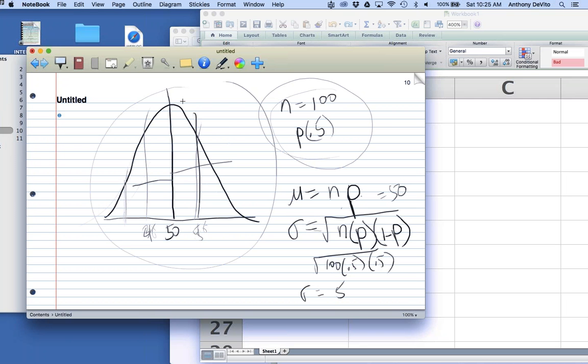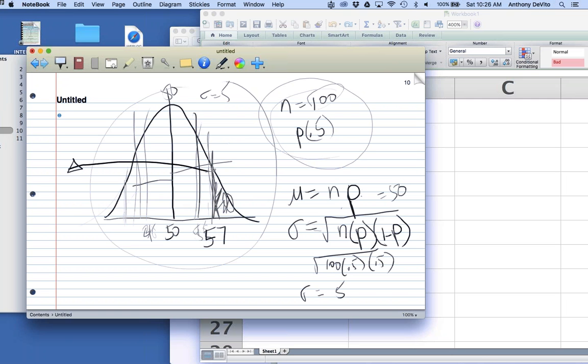So with a mean of 50 and a standard deviation of 5, you can then use this normal approximation to figure out the probability of flipping a coin 100 times and getting 57 or more heads, right? You do the same thing you would do with your normal distribution: your normal tables, Excel, and so on.